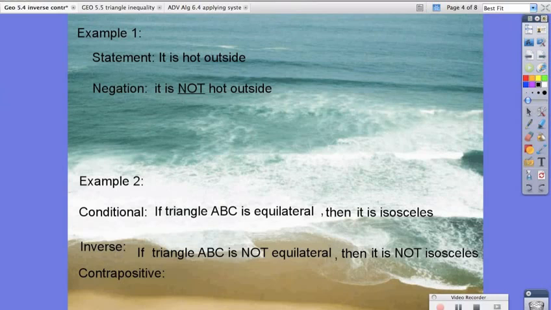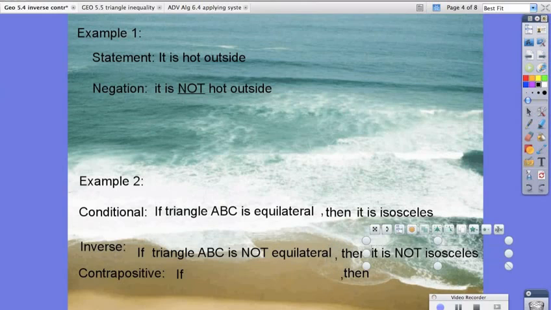Now, the cool thing is that the inverse and contrapositive are very similar. The if and then statements don't change. Those go in the same exact spots, and the comma will still be there. Here's where it differs.